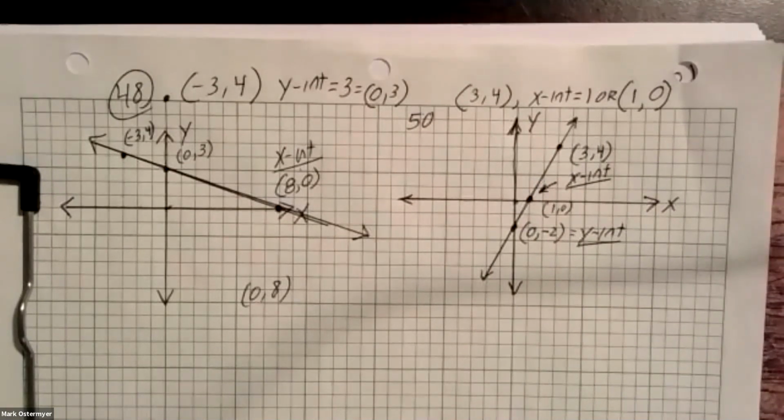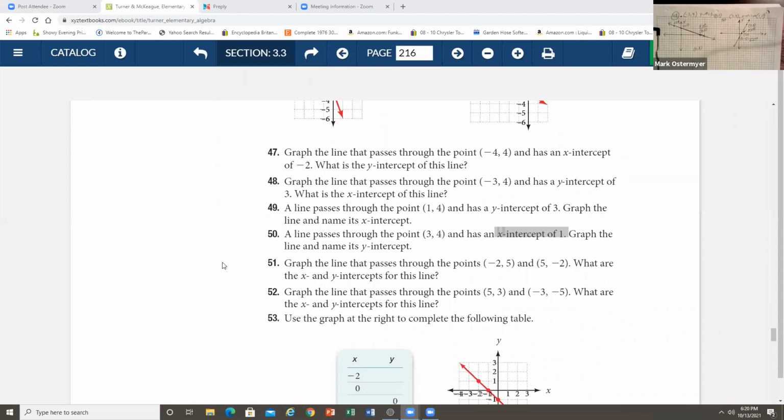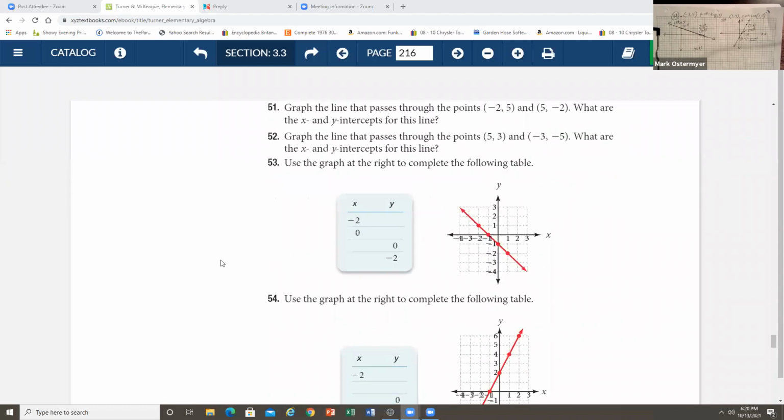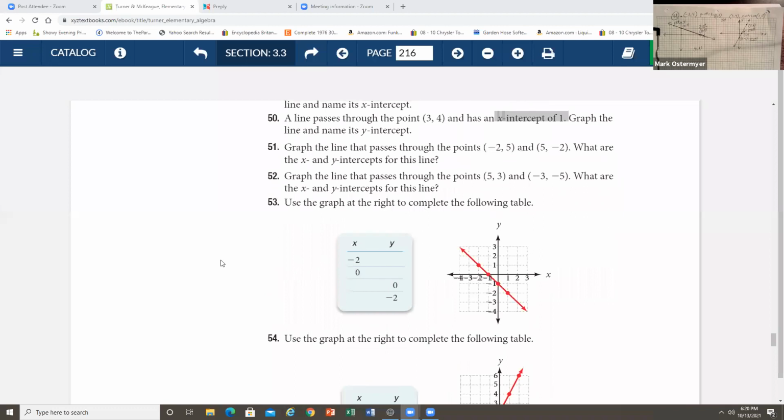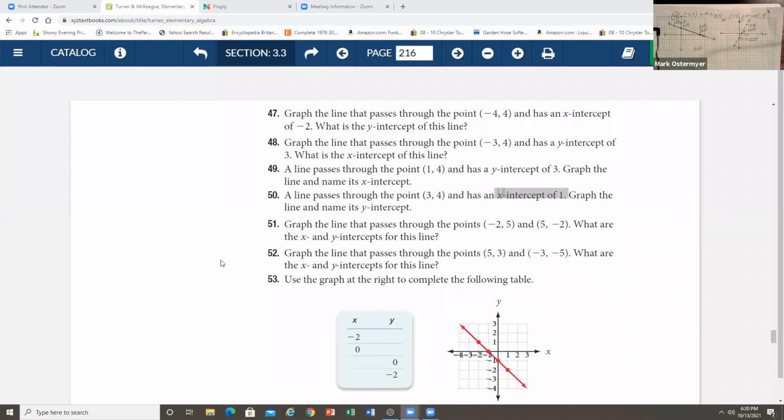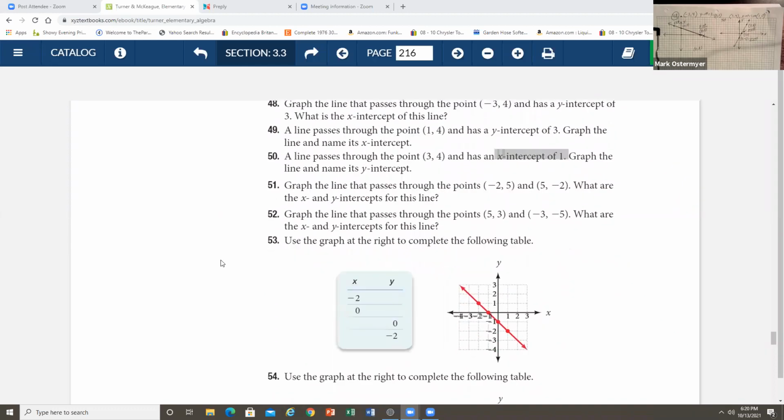All right, so these problems are interesting, to say the least. What I would like you to do for classwork number 2 is problem number 52.